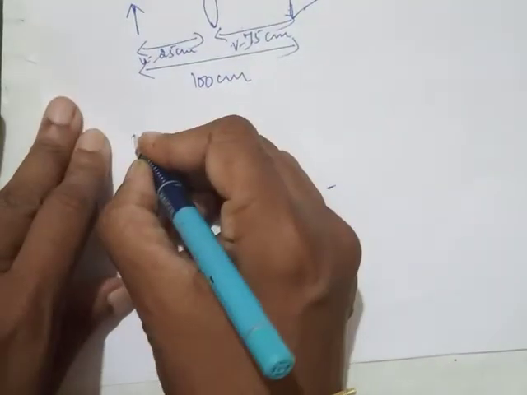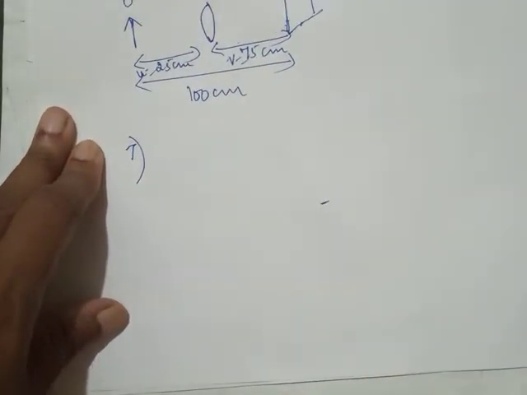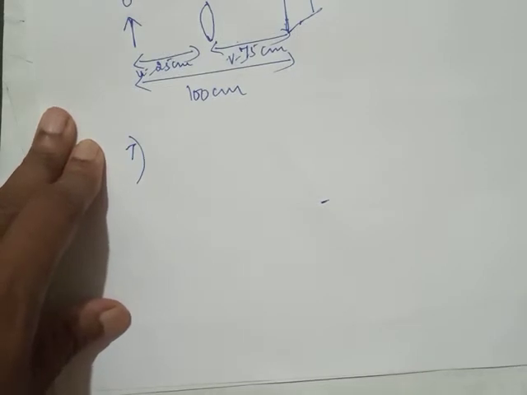Same way, the 7th one: a lens forms the image of an object placed at a distance of 45 centimeter from it.